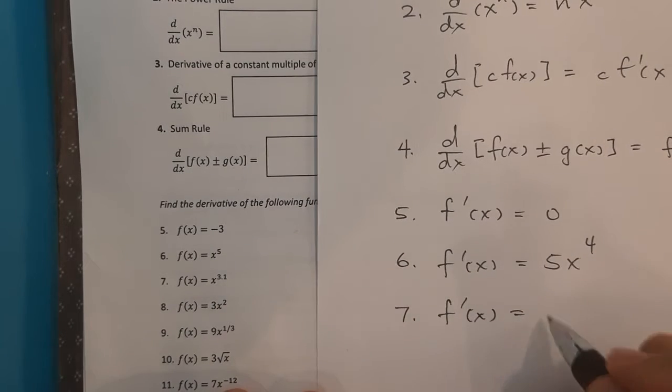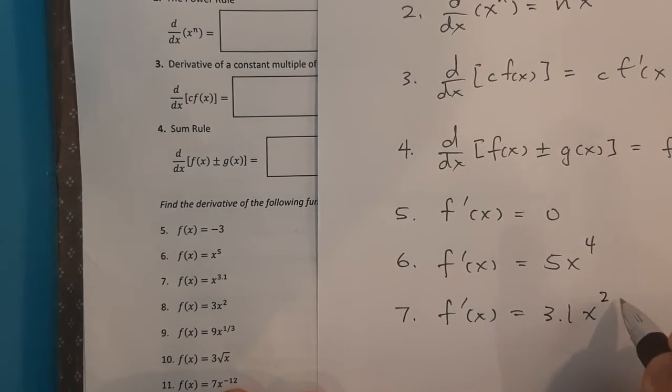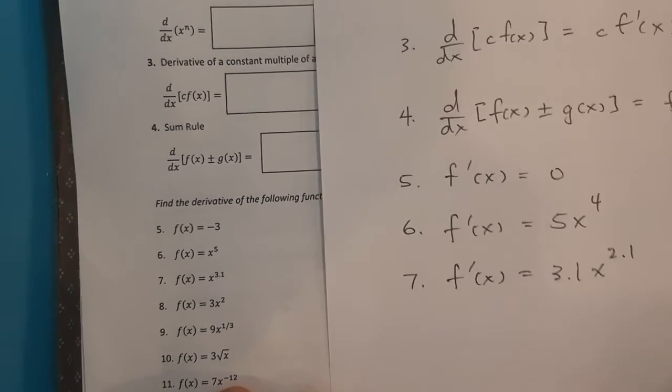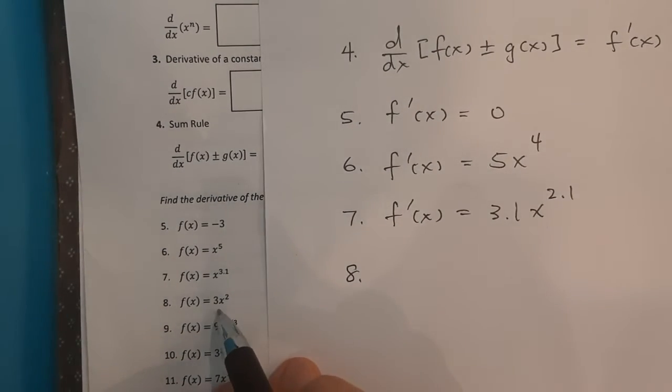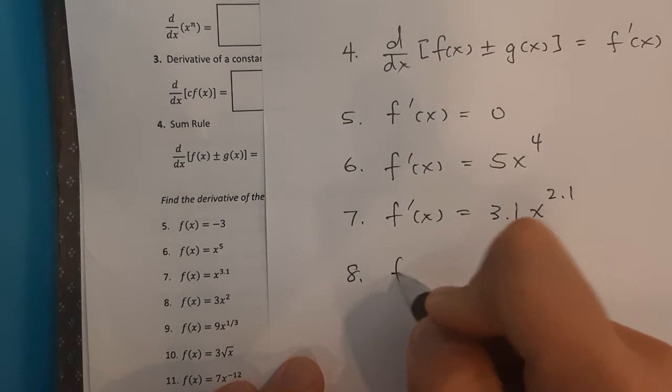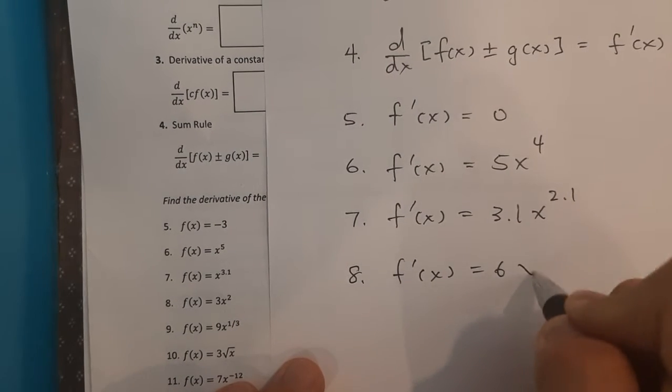X to the 3.1, we have 3.1 x to the 2.1. If we have 3x squared, we get the derivative. It's going to be 6x.